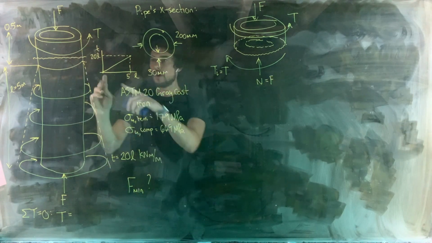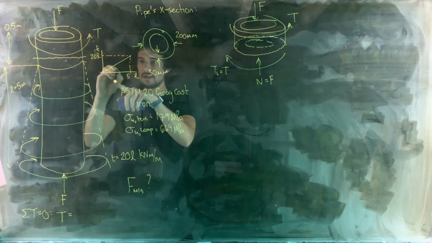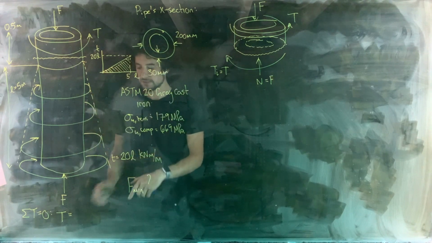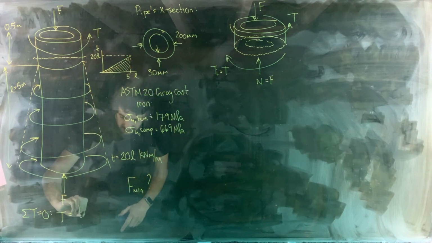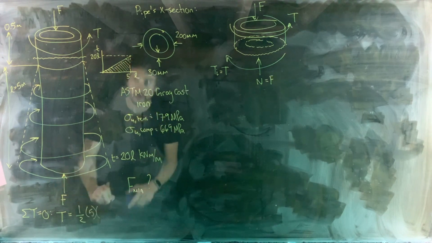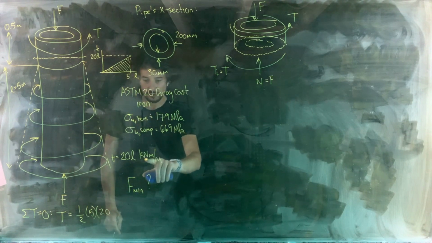Okay, so all that you need to do for calculating the resultant of the distributed torque is take the integral of that line, or take the area of that triangle, right? So the resultant of the distributed torque is just 1/2 base, which is 5, multiplied by height, which is 20. And then we're in kilonewton meters, right?